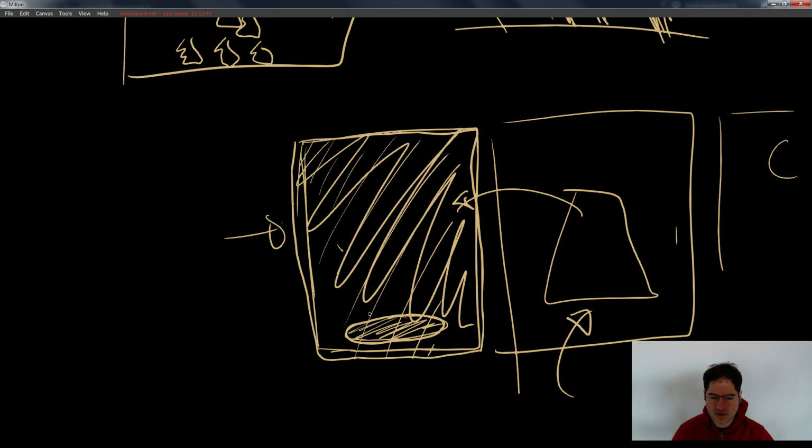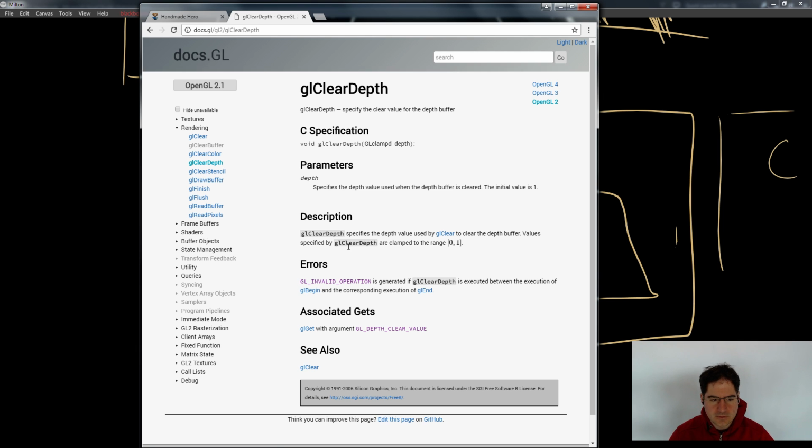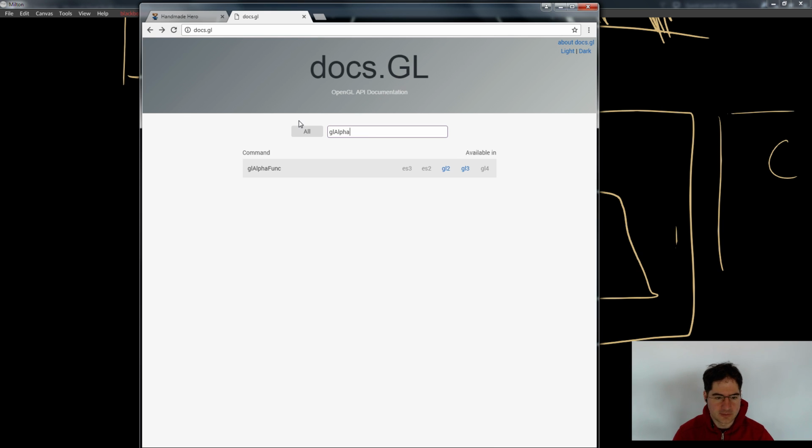If the alpha value of the thing is 0, we shouldn't draw. And there's a thing for this very purpose, which is GL alpha func.